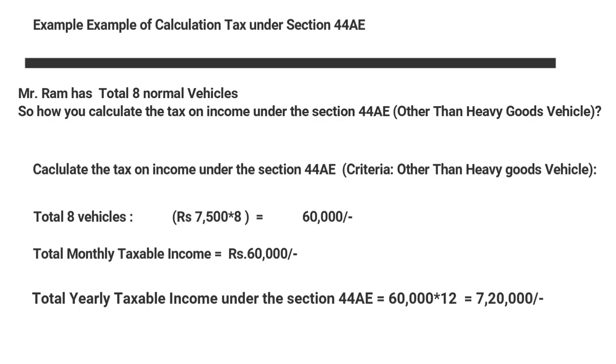It's ₹7,500 per vehicle per month, right? So in this example, Ram has a total of 8 vehicles, right? So ₹7,500 into 8 is equal to 60,000. So Ram's total monthly taxable income is 60,000, but you have to pay the tax to the department on a yearly basis. So by multiplying by 12, taxable income should be 7,20,000.